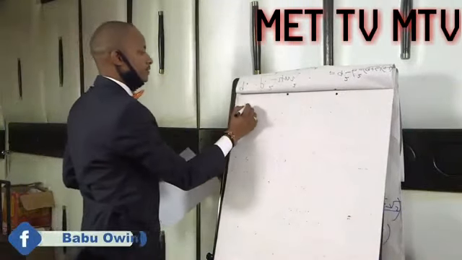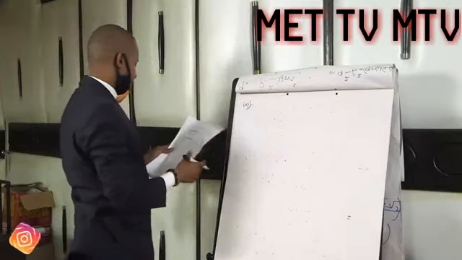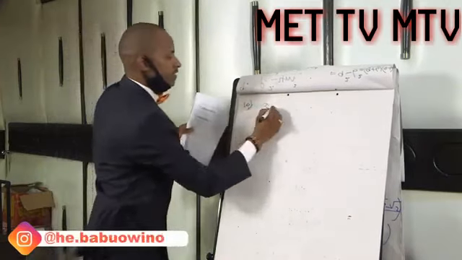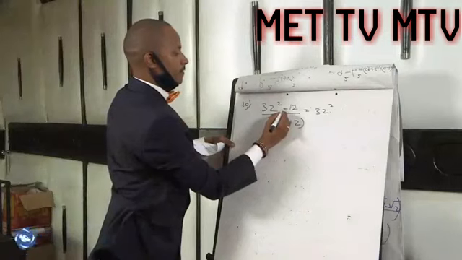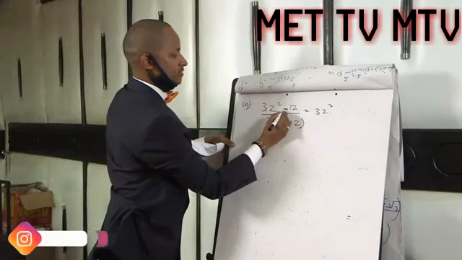Question 10. 3z squared minus 12 divided by 3 minus 1 plus z. So remember, I told you, you observe the difference of 2 squares. Simplify. So here we can see 3z squared minus 12.